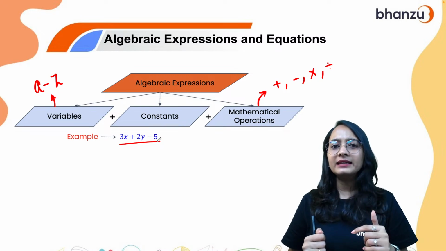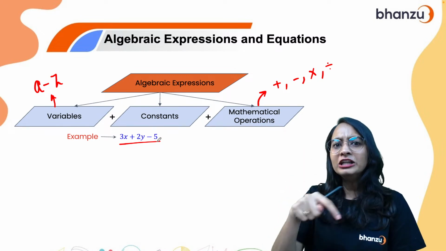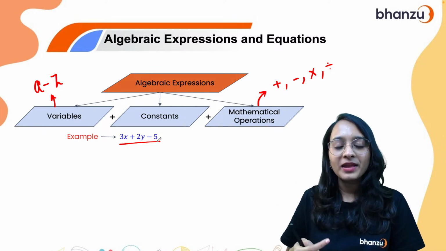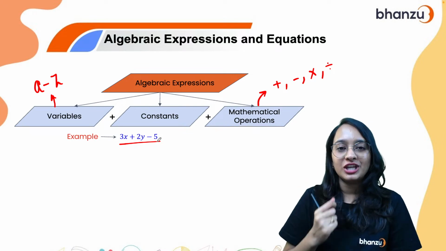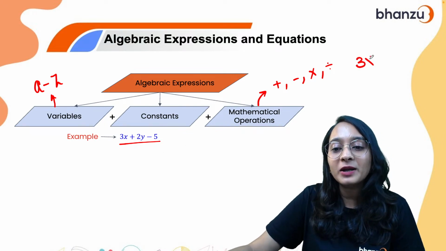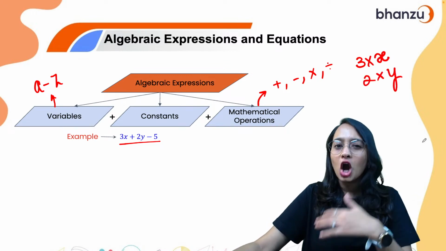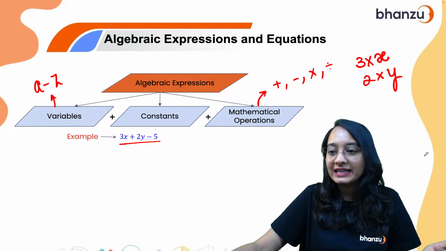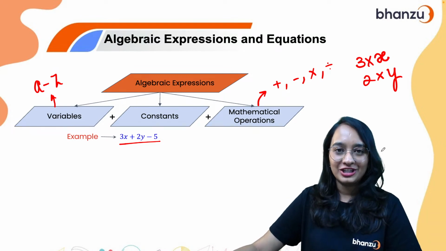Now you must be thinking, ma'am, when you were talking about constants, why did you not mention 3 and 2? Because 3 and 2 are called the coefficients. Why? Because they are getting multiplied with the variable. So you don't call them constants anymore technically. So what do we call them? We call them coefficients.